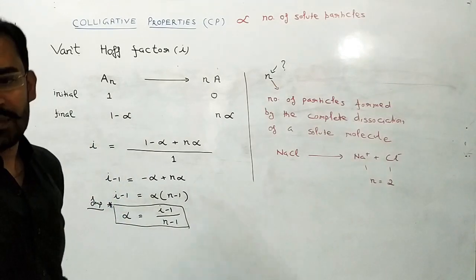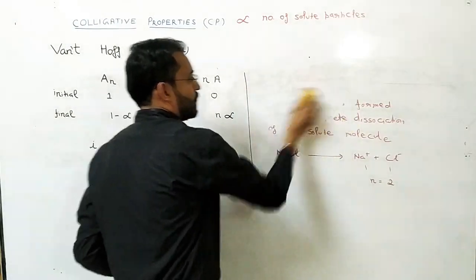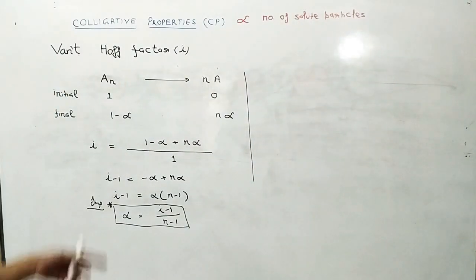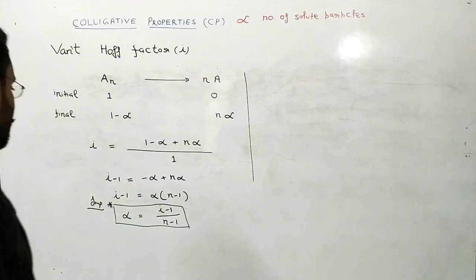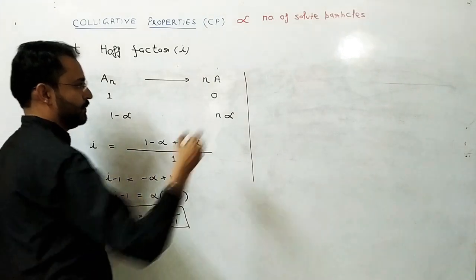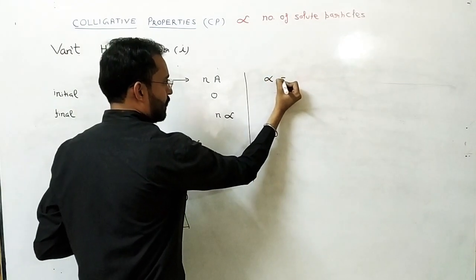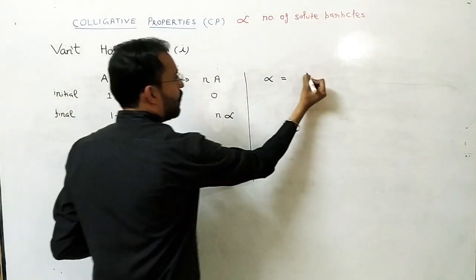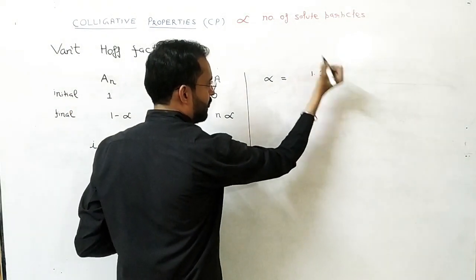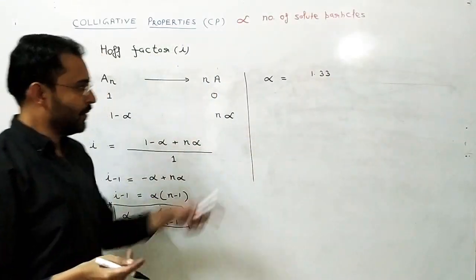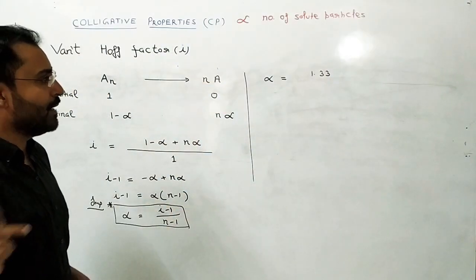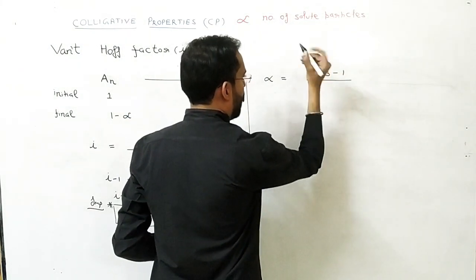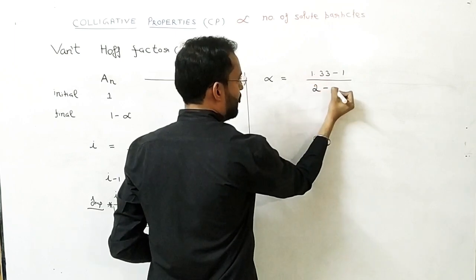Now you can cross verify this with the help of our previous example of that pen. Alpha is, in that example, what is the i in that case? Remember, 1.33. Rewind the video to confirm this. So alpha is 1.33 minus 1 upon 2 minus 1.